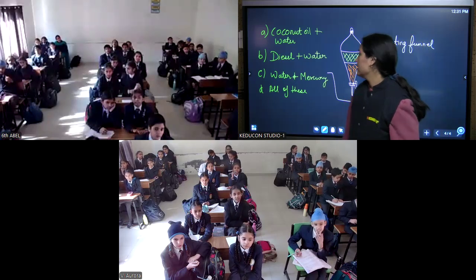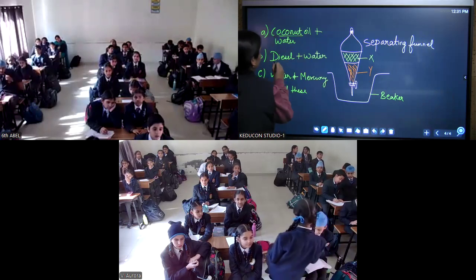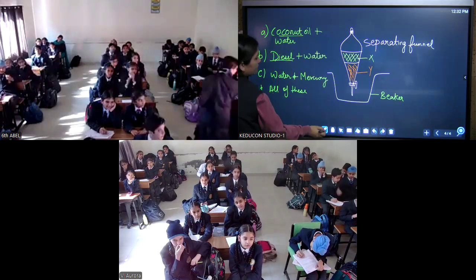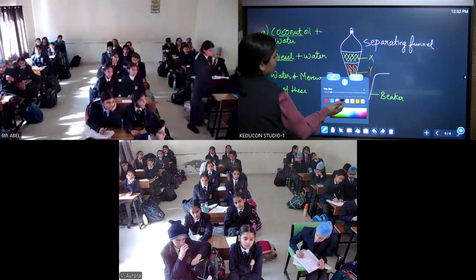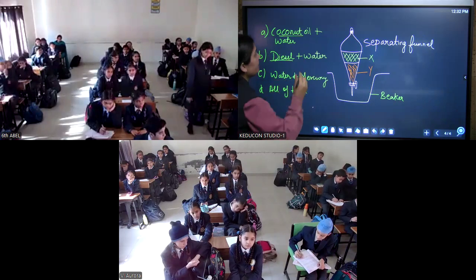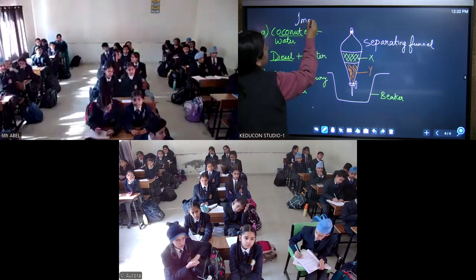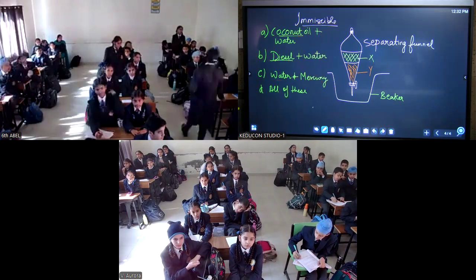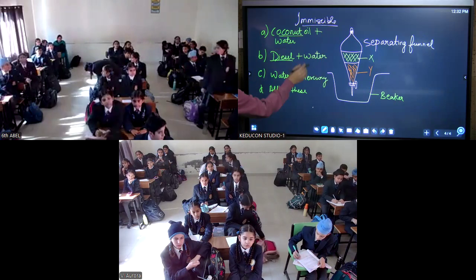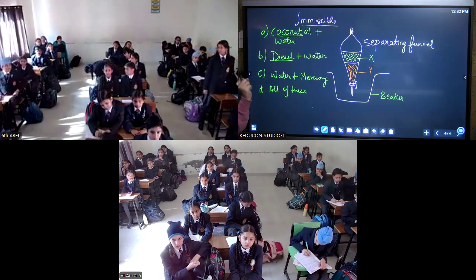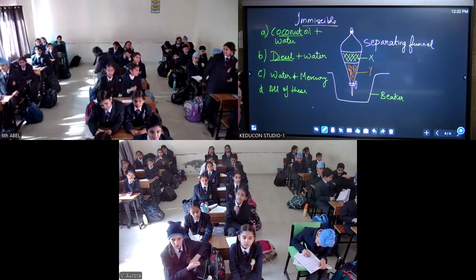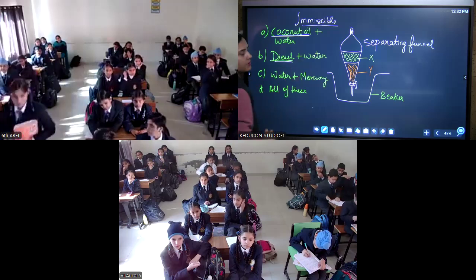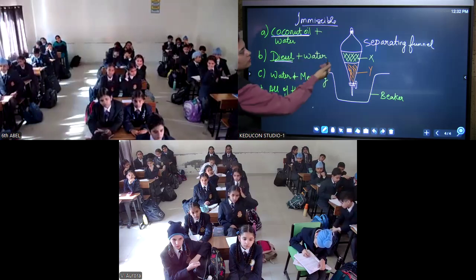Coconut oil and diesel both are lighter than water. These are immiscible. A term used is immiscible, which means they do not dissolve or mix with each other. Coconut oil and diesel are immiscible in water, and being lighter than water, they are on top.